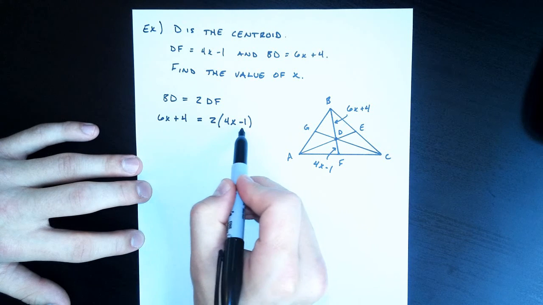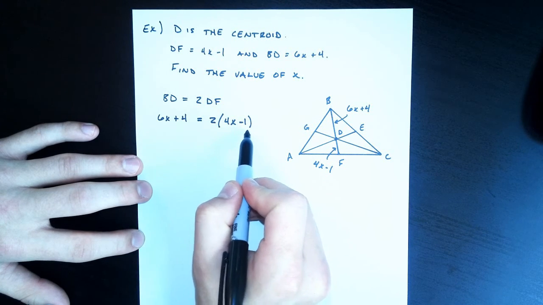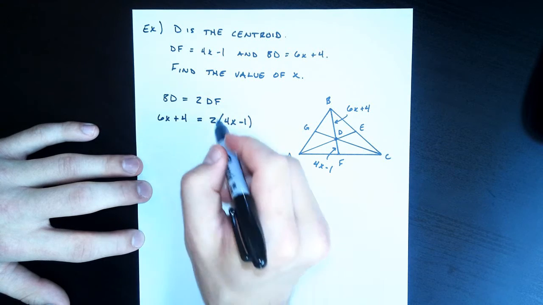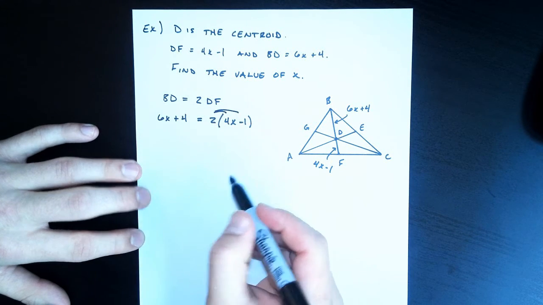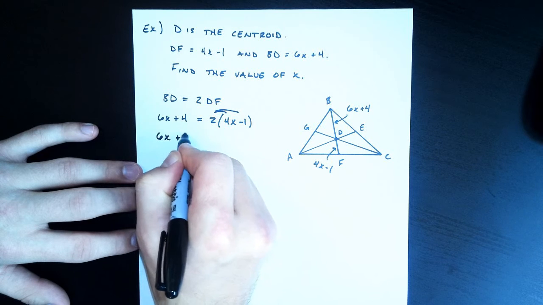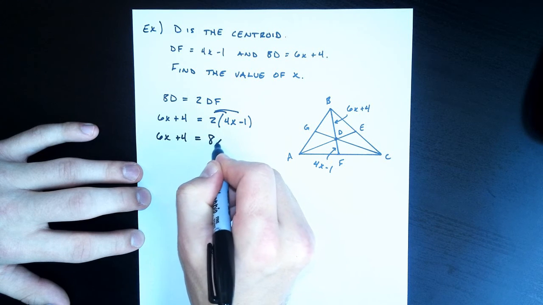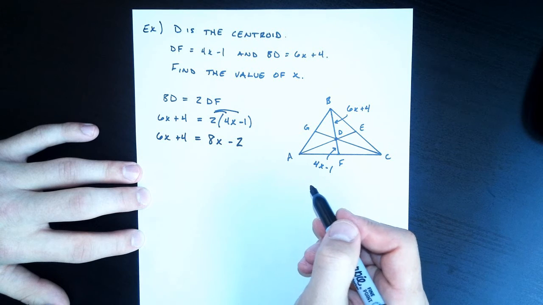I'm putting that DF in parentheses because we want to multiply that entire length by 2, so that means we are going to have to distribute. So 6x plus 4, that's going to be equal to 8x minus 2.